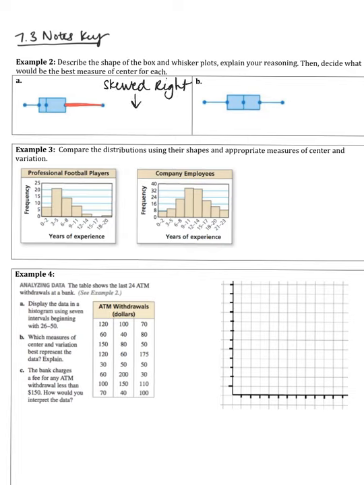And since this graph is skewed, we would use the median or the mode as the appropriate measure of center because we know the mean is influenced by unique or out of the ordinary values. So the median or mode would represent the middle since the data is skewed.